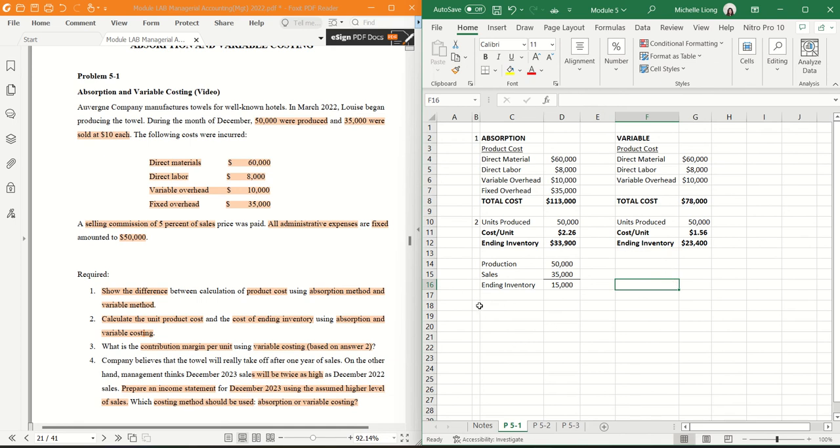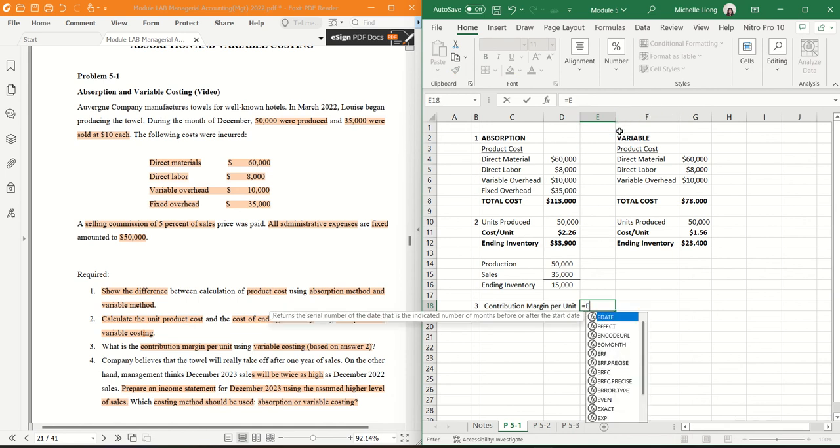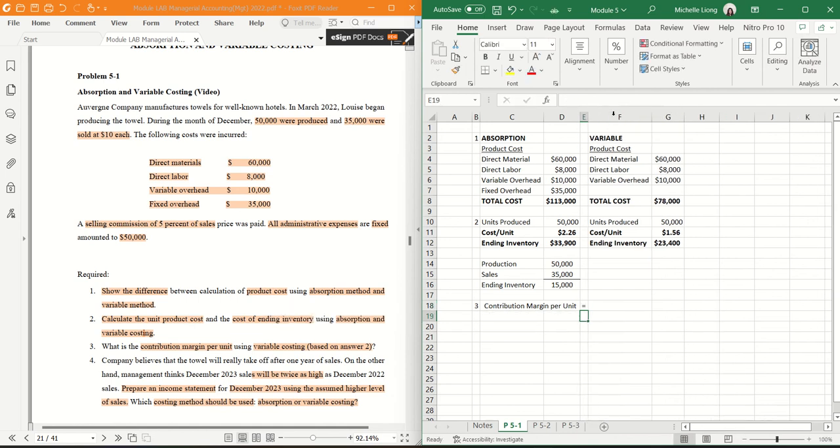Number three, the contribution margin per unit. The formula is, sorry, it's the same.